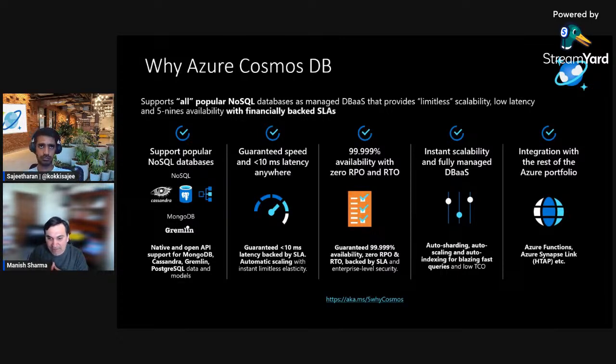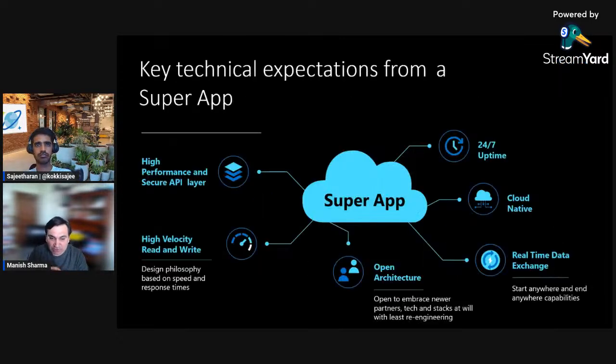different businesses altogether? So here, Super App comes into the picture, and Super App gives you a high performance and secure layer, because Cosmos DB has such capabilities.